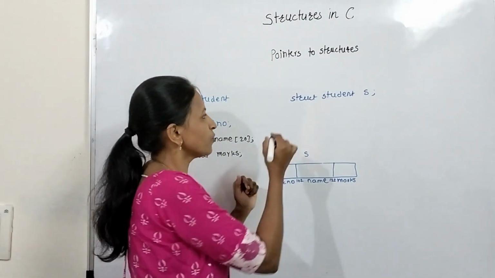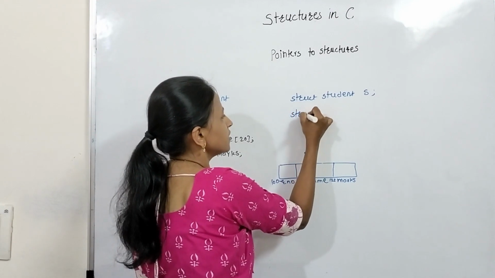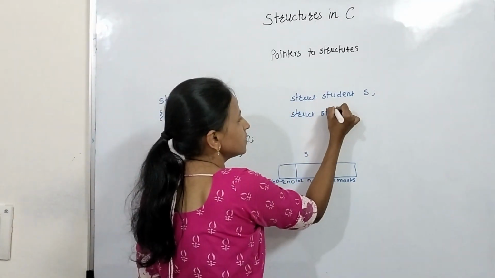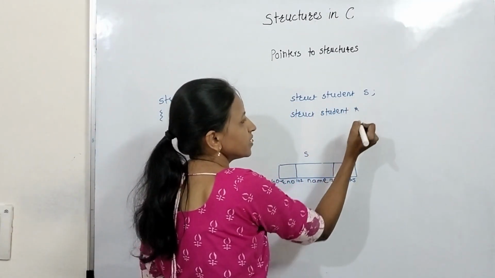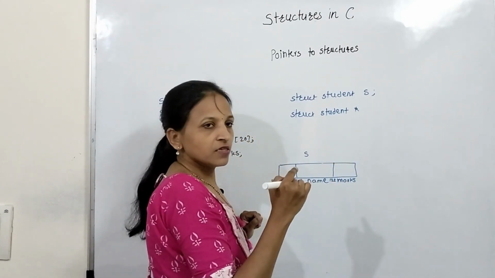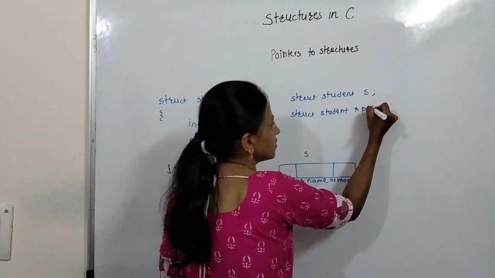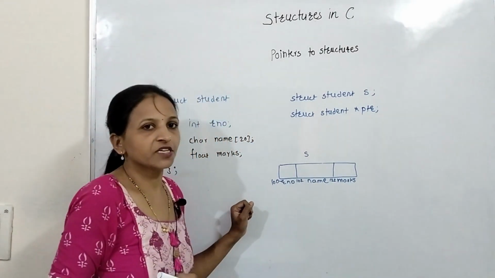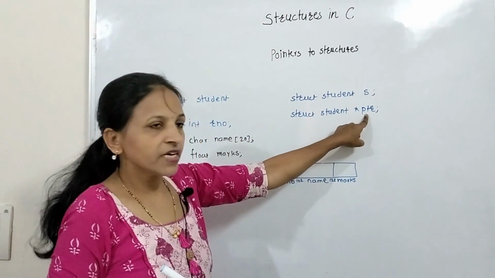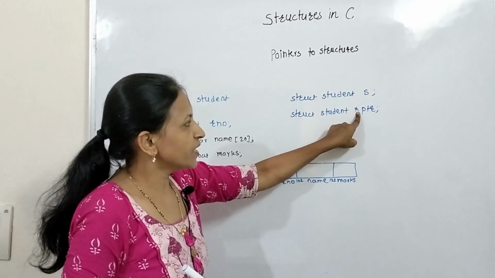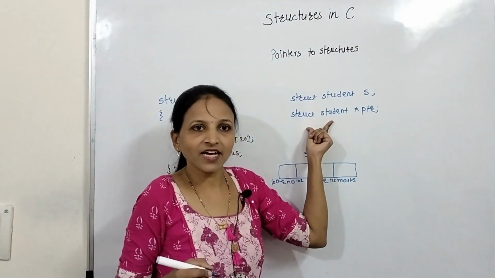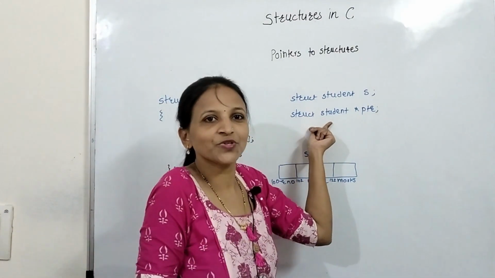Now how to create that pointer is simple. Struct student, for creation of a pointer we use this star, and then let ptr be the name of that pointer variable. Now see here ptr is a pointer variable, it can hold the address of any other variable of type struct student.